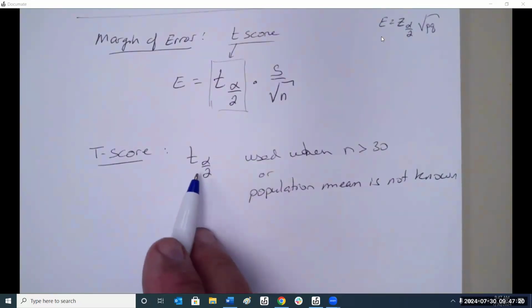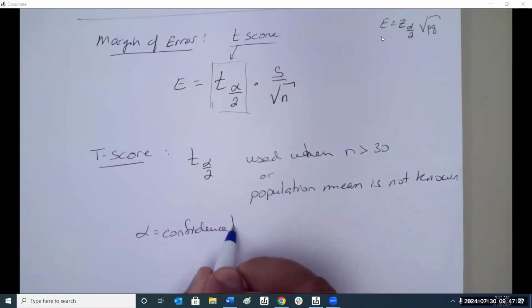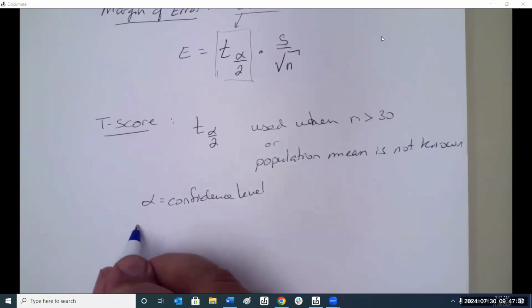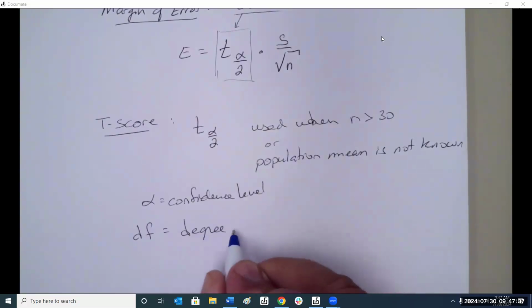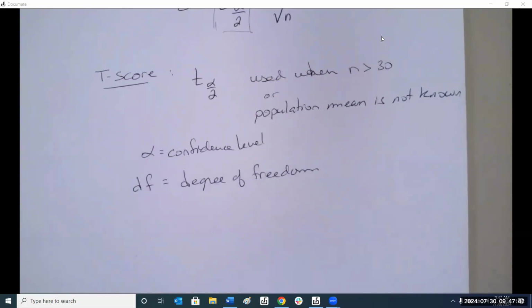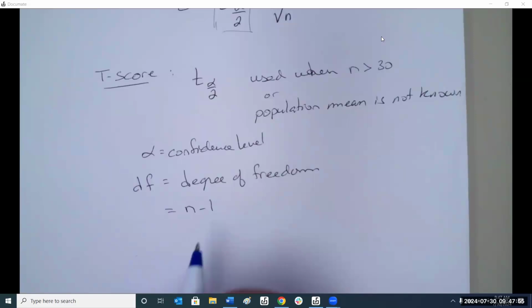So to use this, we know alpha is the confidence level, or level of confidence. But we also need a DF, which is the degrees of freedom. And that's its own formula. The formula for degrees of freedom is n minus 1.